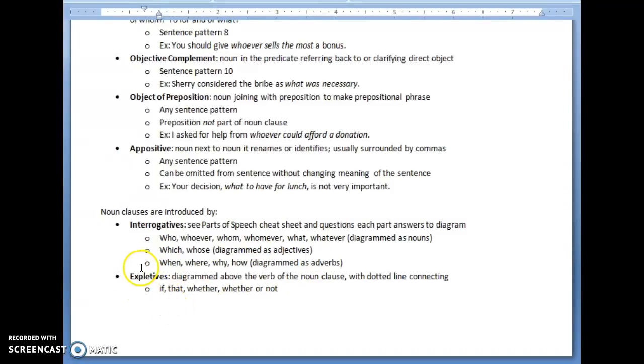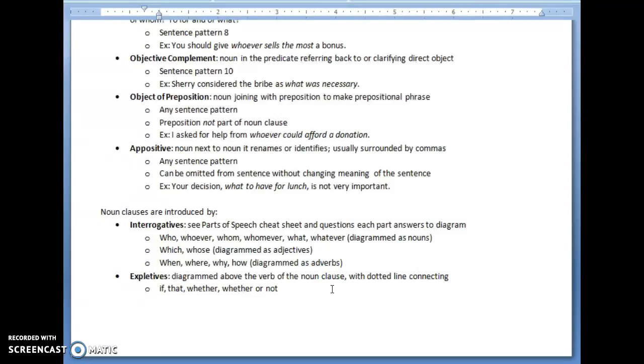The second category is expletives. Again, a fancy word, but it's just this idea of a word that's connecting and implying a relationship. And the four that we're going to be encountering are if, that, whether, and whether or not. And you'll see these in the example. They're diagrammed above the verb of the noun clause, and they have a dotted line connecting them to the main line of the clause.